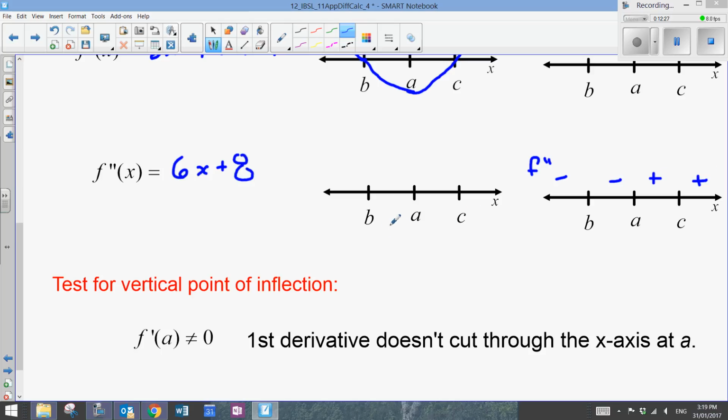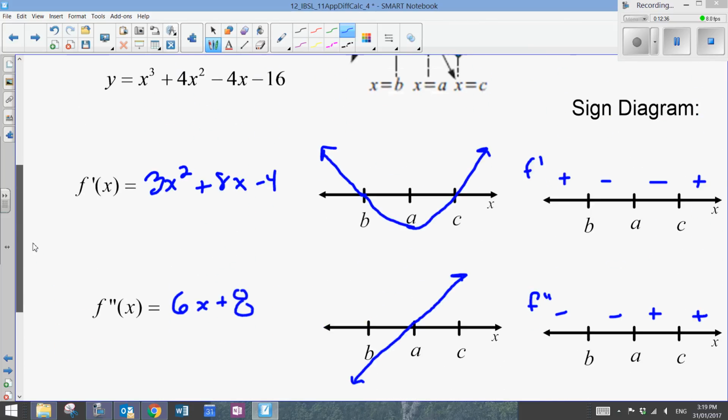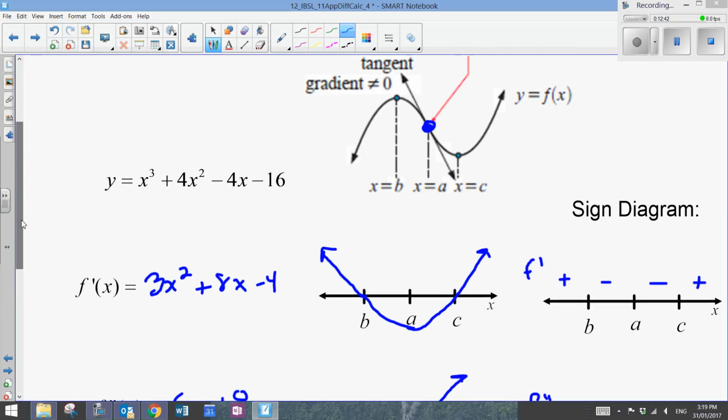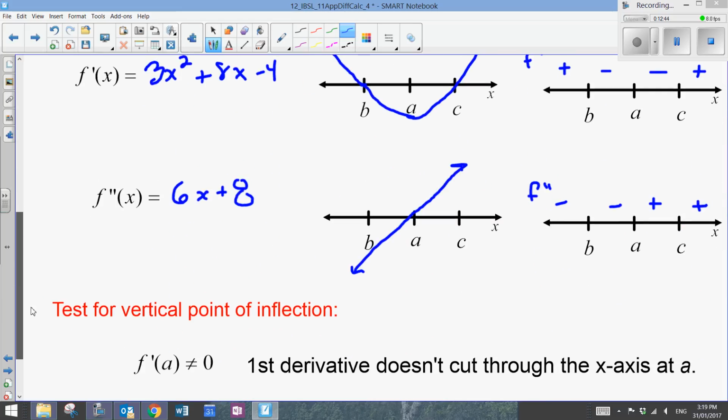So basically this is going to be negative until a, and then positive after a. And remember that every time you take the derivative, you wind up dropping one power. So you wind up with a cubic to start, a quadratic as your first derivative, and then a linear function as your second derivative.